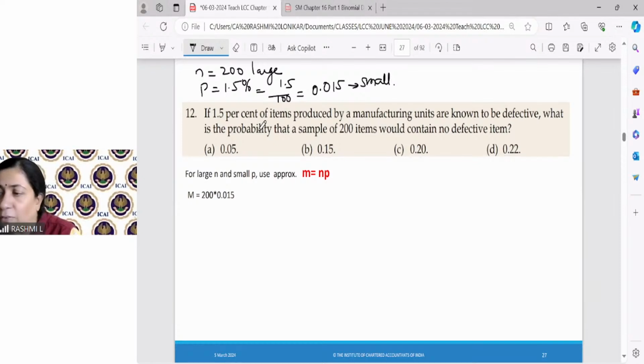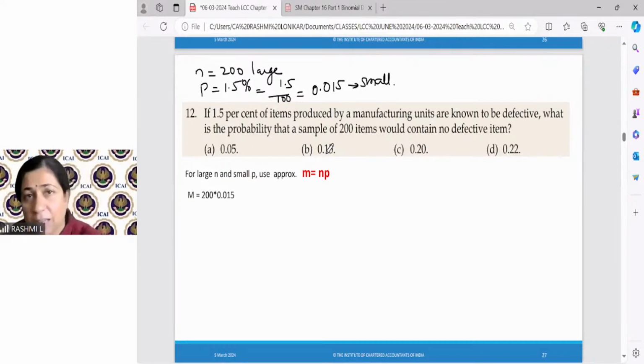And so I would use the Poisson. Okay. Now for a large n and small p, use m is equal to n into p. मतलब दिखने में जो लगता है कि दो पैरामीटर्स है, n भी है p भी है, but because n is very large, p is very small, and n into p is finite. Let me check that.